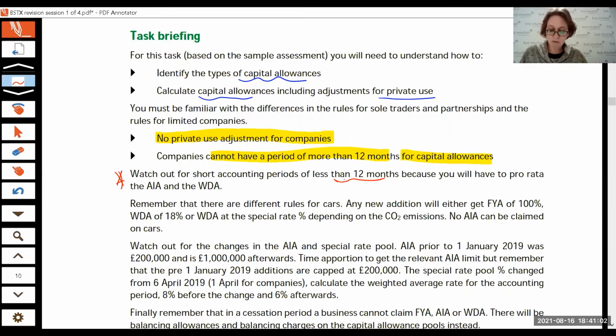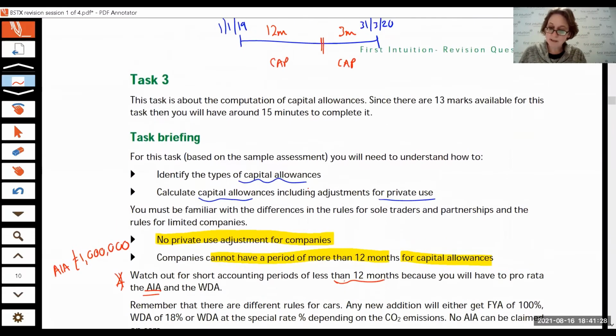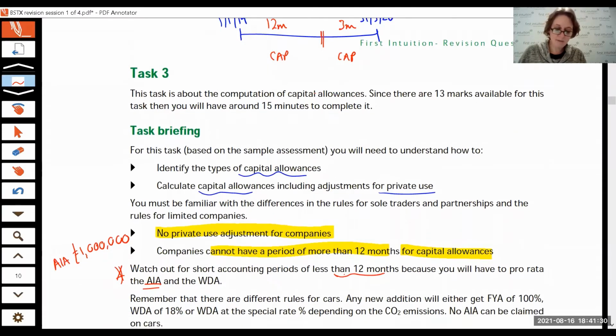You have to prorata your annual investment allowance. The reference material talks to us about this anyway, but let me just take the figure from January 19. From January 19, our AIA is 1 million. So we can have expenditure of up to 1 million qualifying for our annual investment allowance. But if my period is only 3 months long, I can't have the full million.